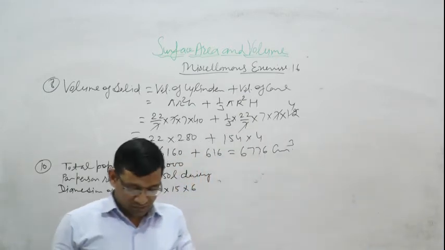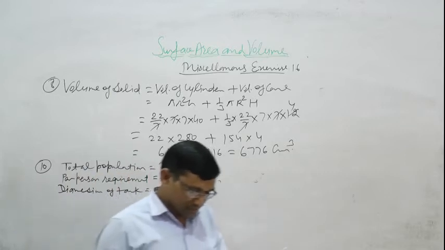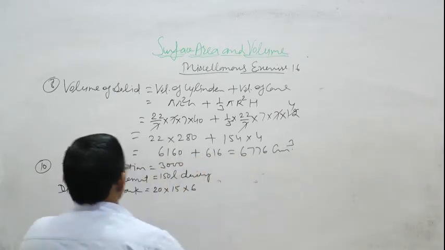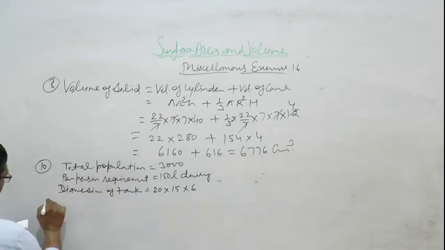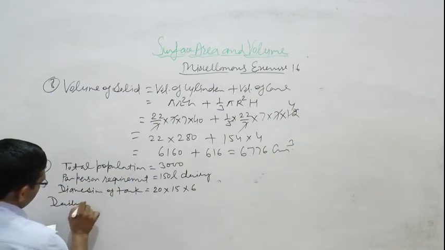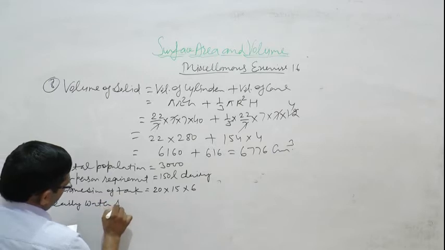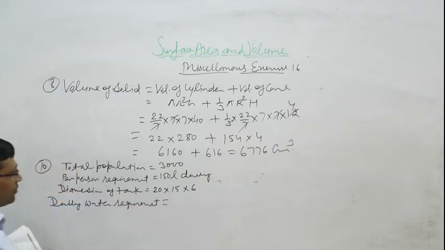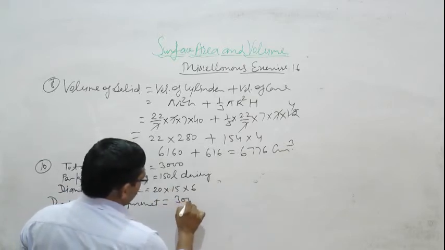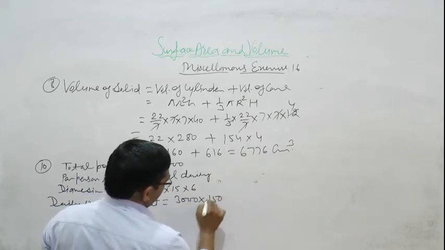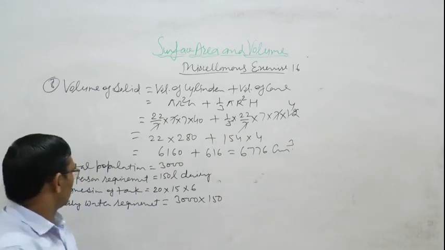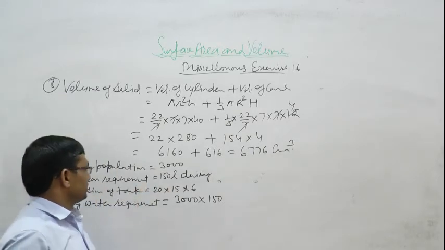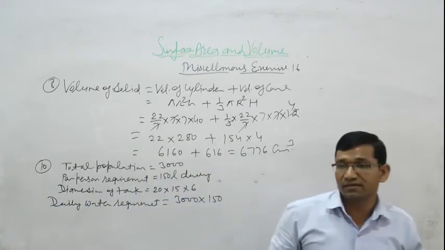So first we find out daily water requirement. Daily water requirement is equal to 3000 multiply 150 liter, because total population is 3000 and per person requirement is 150 liter.